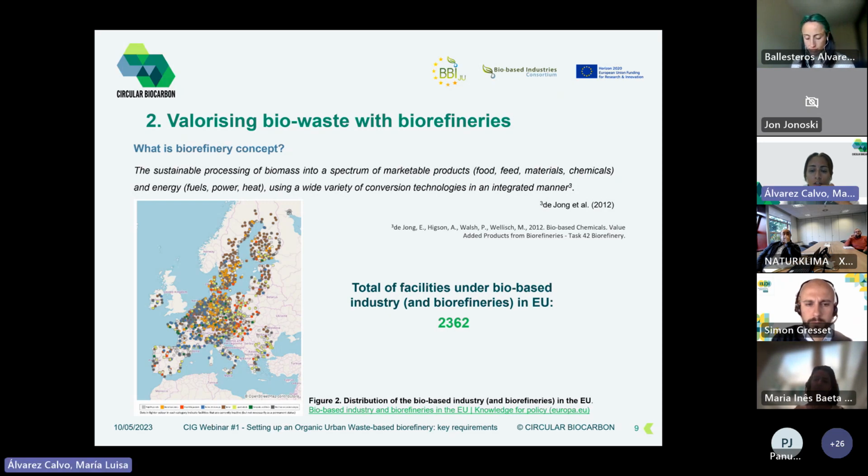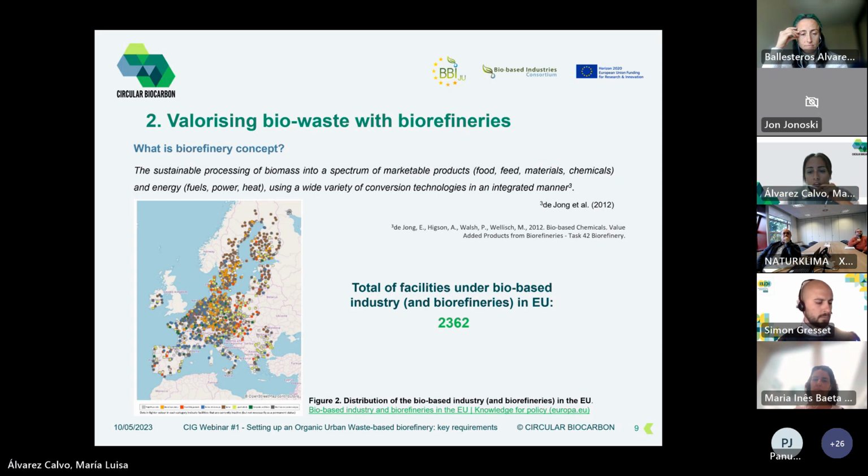Nowadays, a total of 2,362 facilities, including biorefineries, are estimated in Europe by the European Commission. All of these facilities that you can see in the figure can produce, for example, bio-based products, like bio-based chemicals and materials, including platform chemicals, solvents, polymers, coatings, plasticizers, agrochemicals, among others.